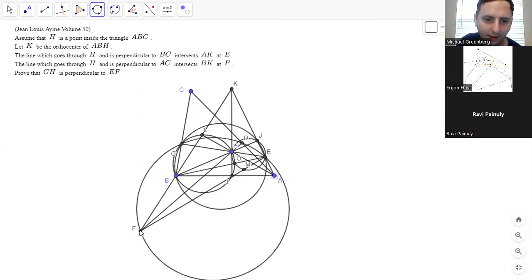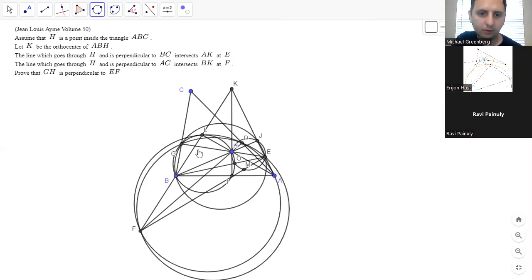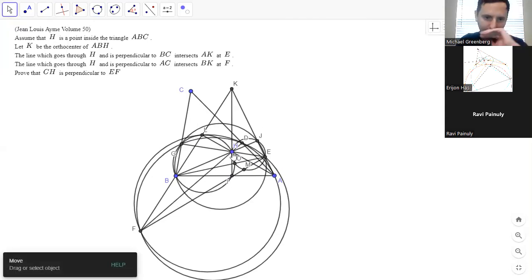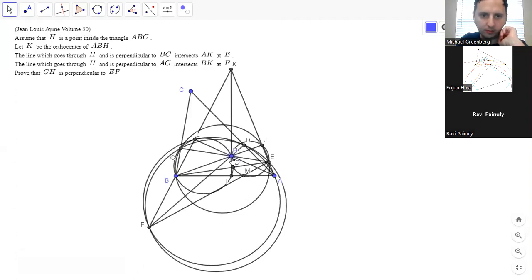So it would be AF, AFDL is cyclic, right? Because ADF is ALF is 90. And so HD, yeah, okay. So that solves it. All right, so I'm gonna type it up.